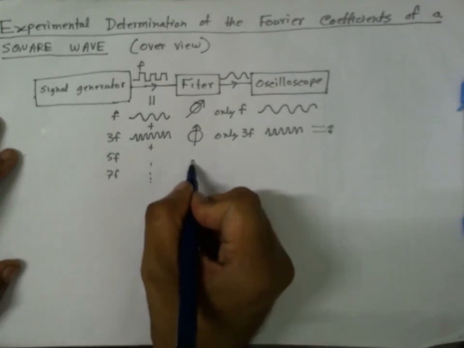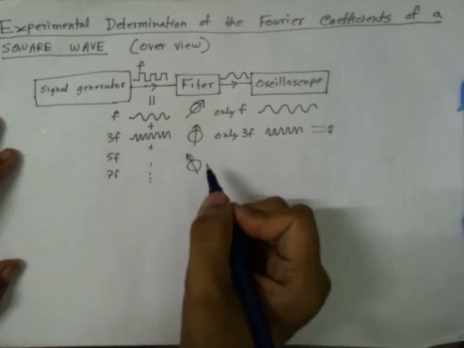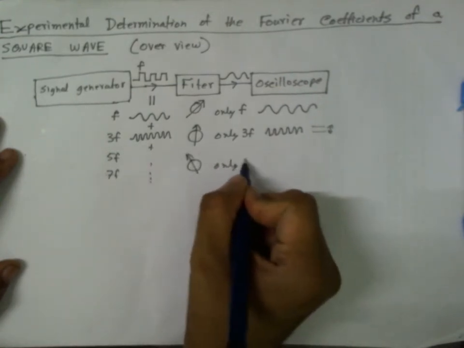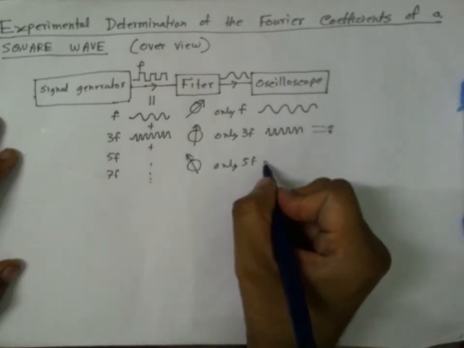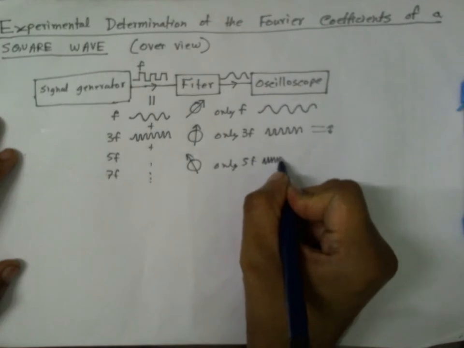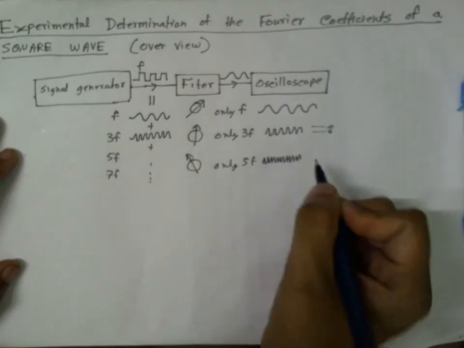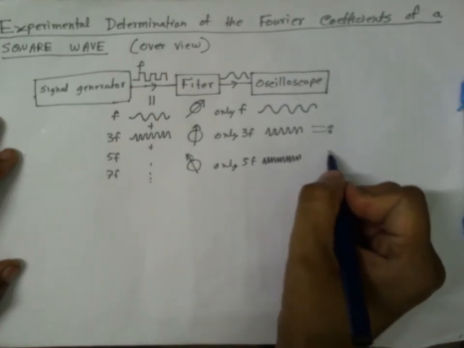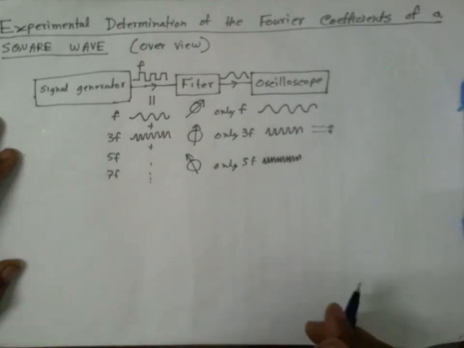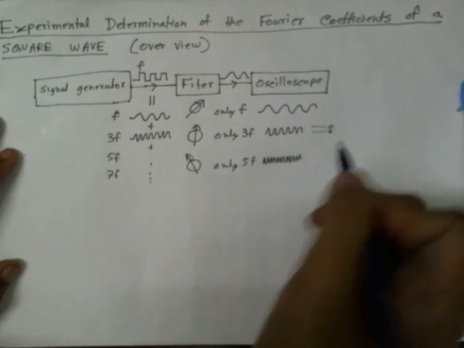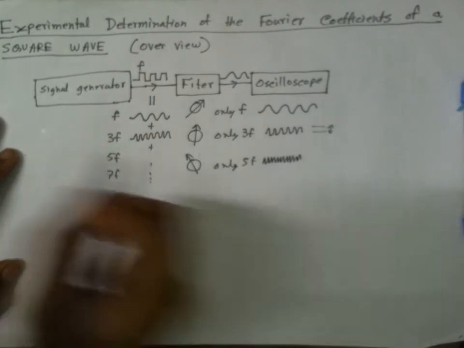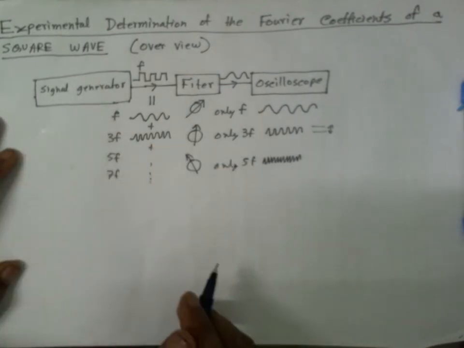Then I will tune it to a different position so that only the fifth harmonic is allowed to pass, which will be a higher frequency signal, and I can measure its amplitude. That will give me the coefficient for the fifth harmonic. That's as simple as that.